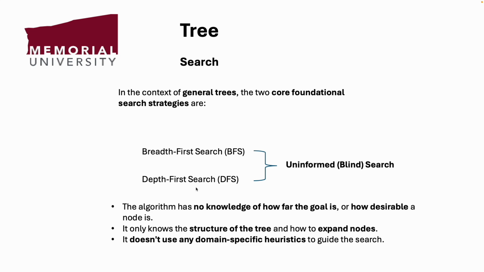In the opposite, there are also other searches that give a heuristic, something that gives priority. This type of search will not be covered in this lecture. Today we'll mainly focus on the non-informed search: breadth first search and depth first search.